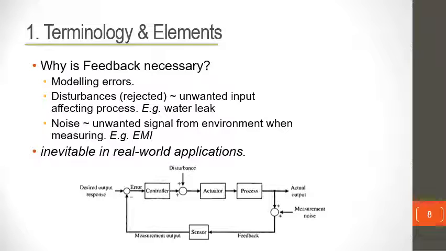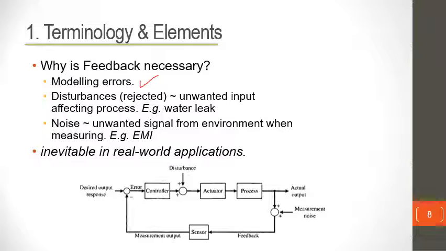One may wonder then, why is feedback necessary in control systems? Now, there are three main reasons why we would like to have feedback most of the time in control systems. The first major reason is that in control systems applications, there is almost always some modeling error. Whenever we derive a model for our system, there is almost always modeling error.